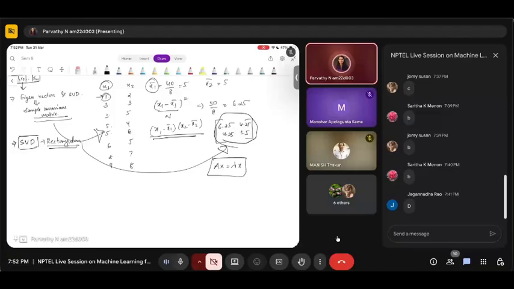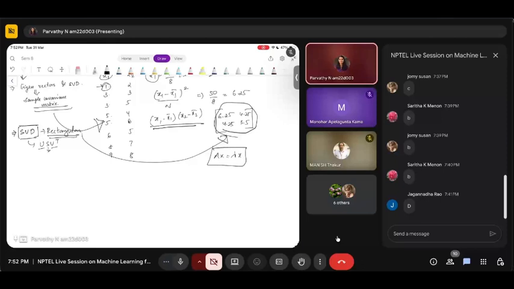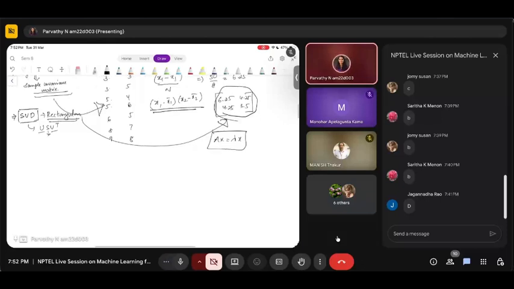And in SVD, you have this U S V transpose. This is the left singular vector, the singular values, and the right singular vector. So we usually use singular value decomposition to do this PCA.